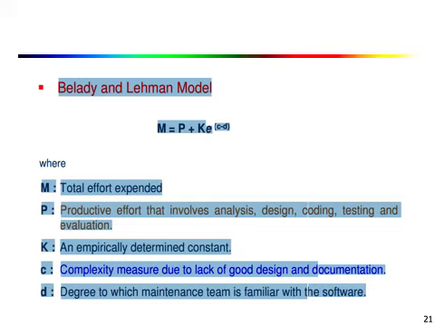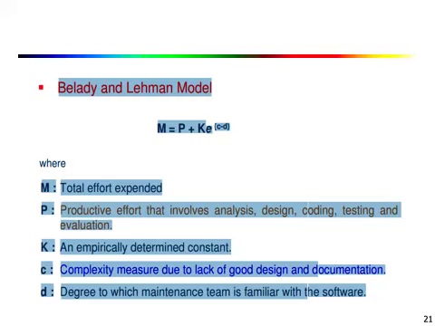Then you have two models, the Belady-Lehman model and Boehm's model, which are basically quantitative models. You basically use them to find the total effort used to develop a particular system.